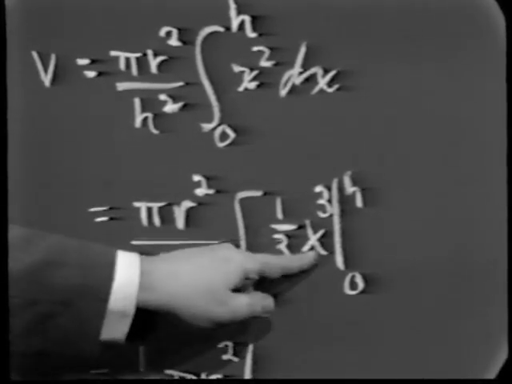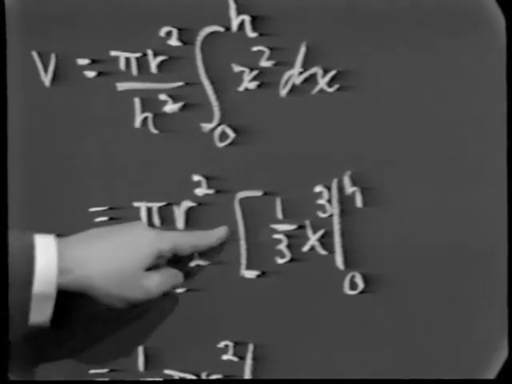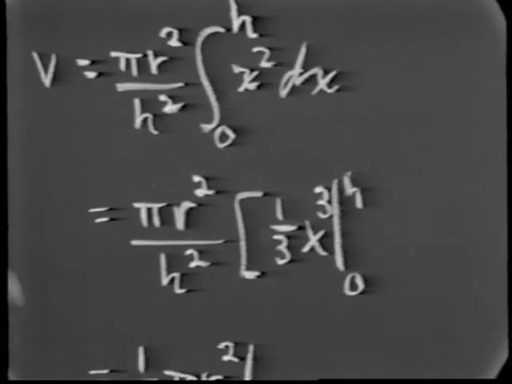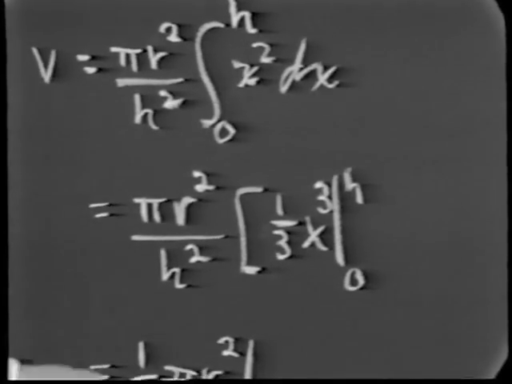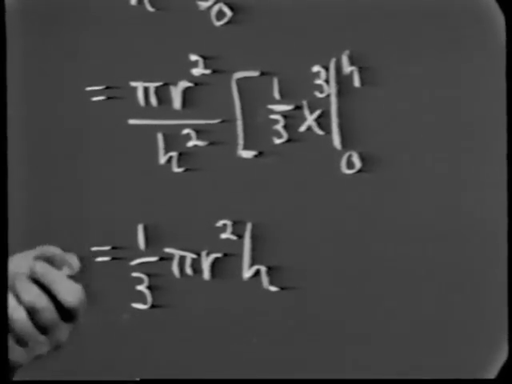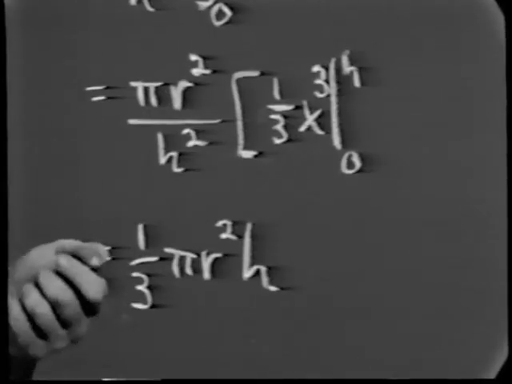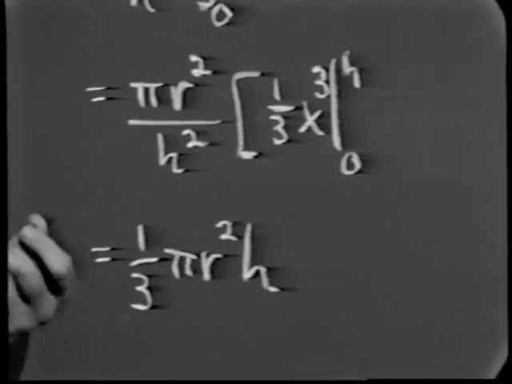The h cubed in the numerator cancels the h squared in the denominator, leaving a factor of h in the numerator, and I wind up, as I saw before, that the volume of this cone is 1/3 pi r squared h. And this is nice, that I get the same answer as by the limit method, because according to the first fundamental theorem, this is precisely what was supposed to happen.